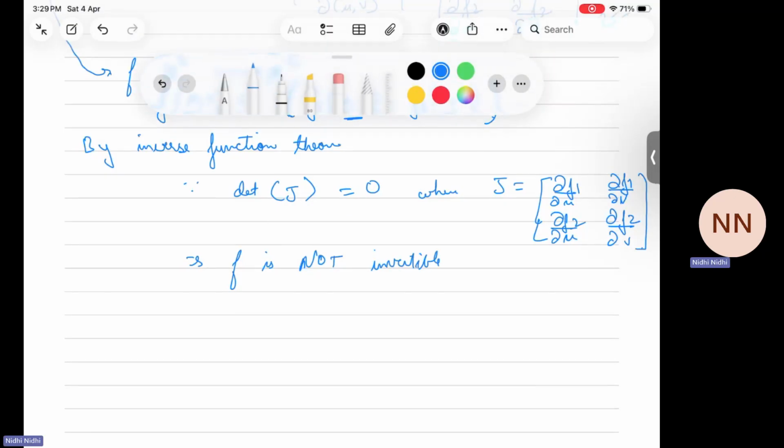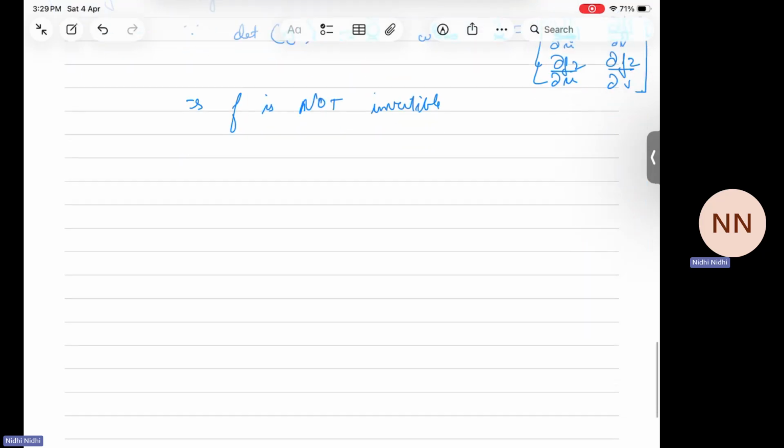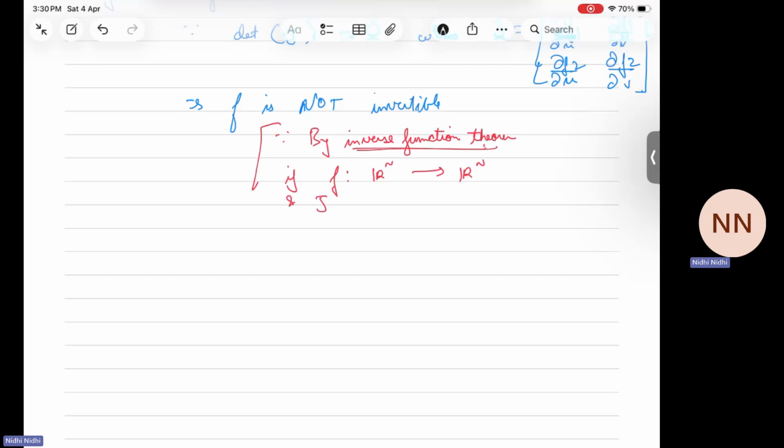I'll just write the inverse function theorem for your reference. I would like you to go through this theorem in detail. It is a very good, very important result. If f is a function from, suppose, Rn to Rn, and J is the matrix.